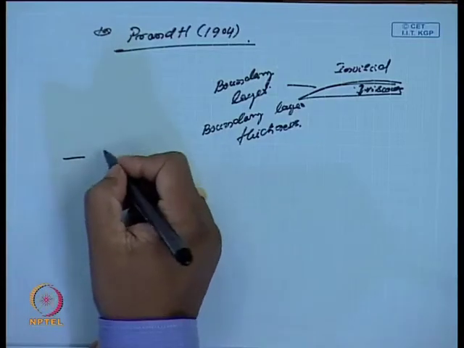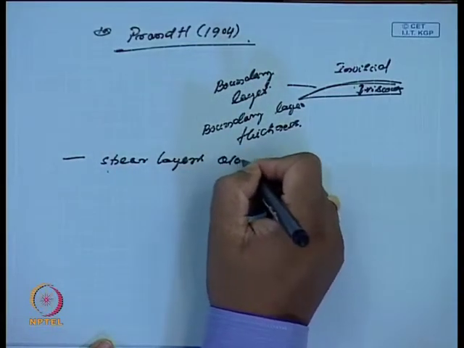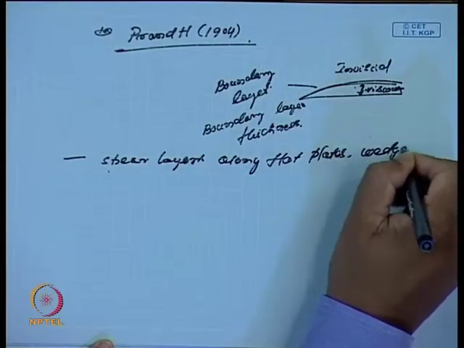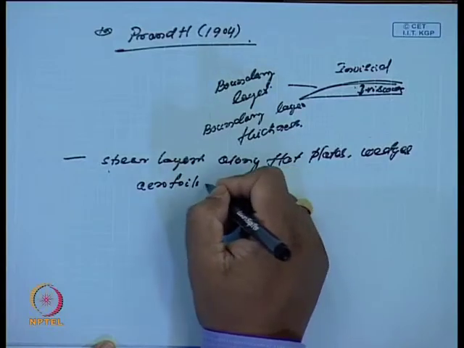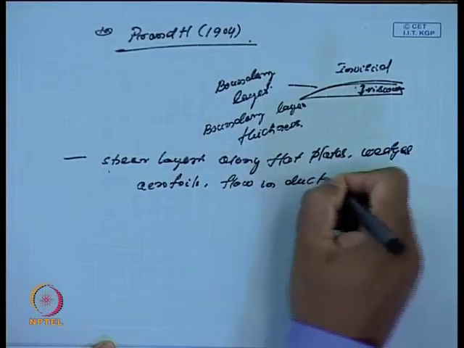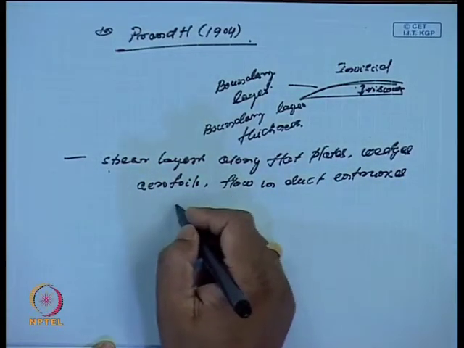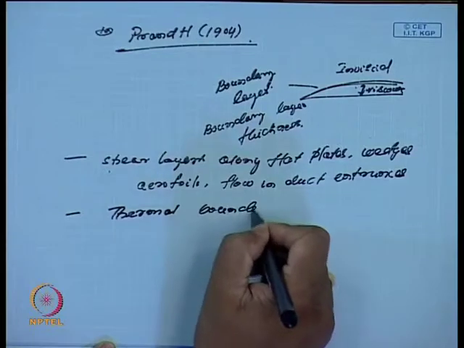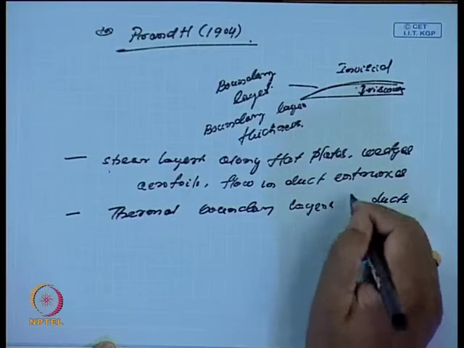Again, shear layers, where boundary layers occur: shear layers along a flat plate, wedges, aerofoils, flow in duct entrances as I have mentioned, and then we have thermal boundary layers, thermal boundary layers in ducts, boundary layers in porous channels.